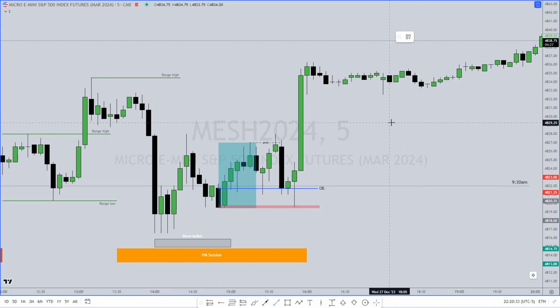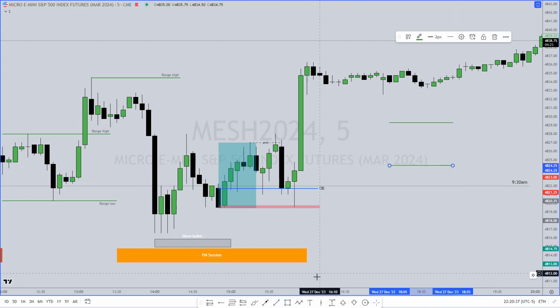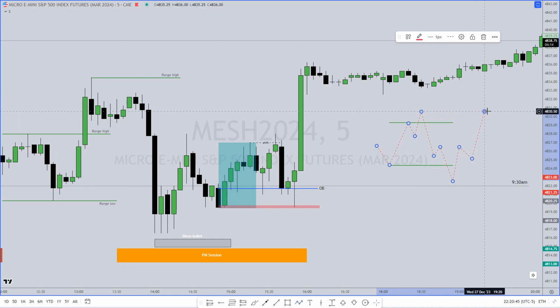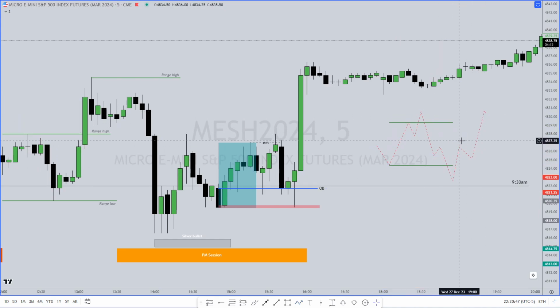So again, there's only 2 models, and in this case price is back inside the range. If I'm back inside the range, I cannot be short.